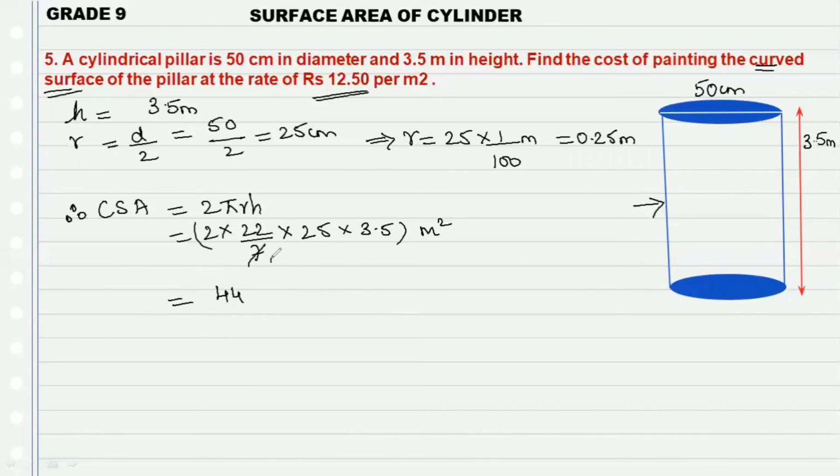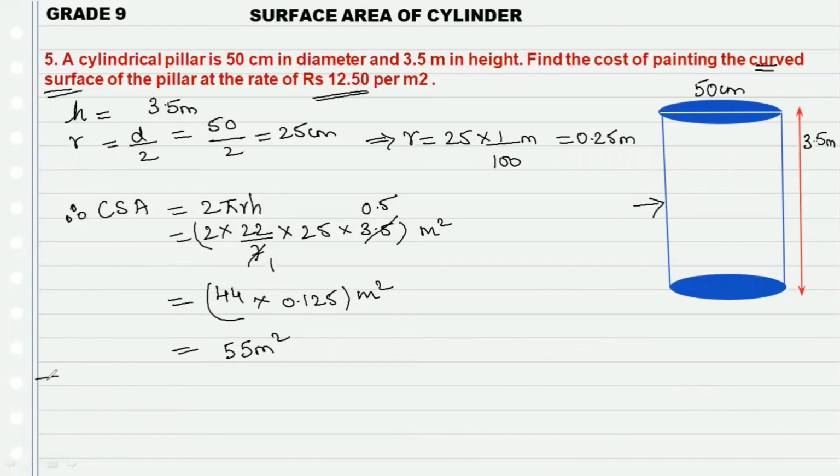Okay, 7 1s are 7, 5s are 35. So we will get 0.5. So 25 into 0.5 will be 0.125 meter square. Okay, multiplying 44 by 0.125, you get the CSA as 5.5 meter square.